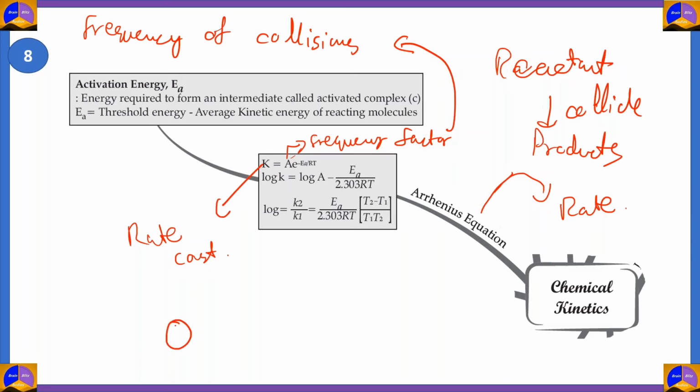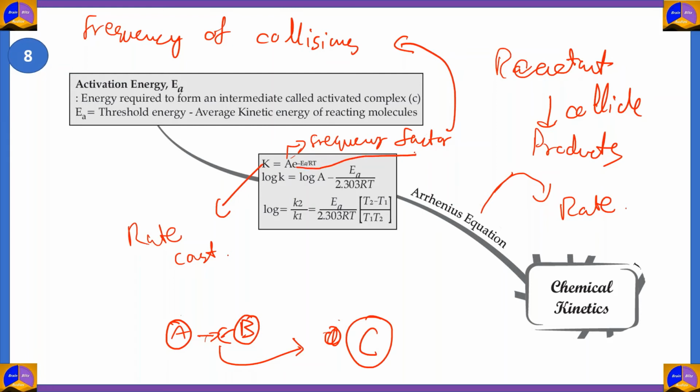A chemical reaction is thought of as the collision between reacting species, say A and B. When they collide, they give us new products, say C. That is the way in which we imagine chemical reactions. The frequency with which A and B collide is referred to as the frequency of collisions, and that is measured by a frequency factor A. And that is the A represented in the Arrhenius equation.